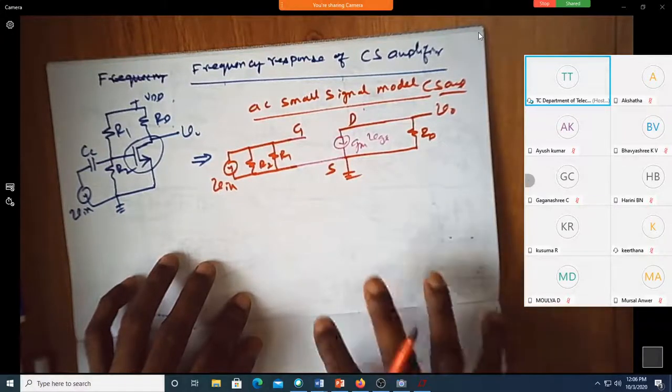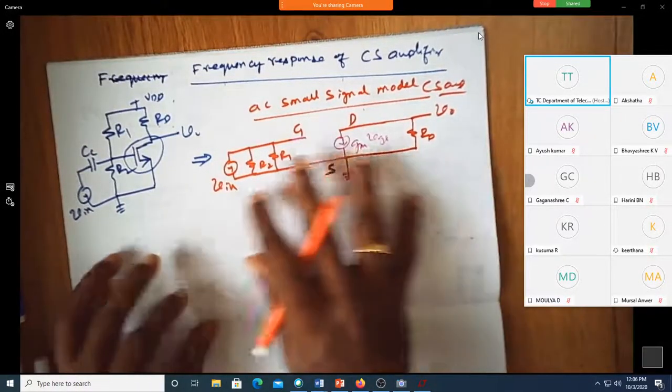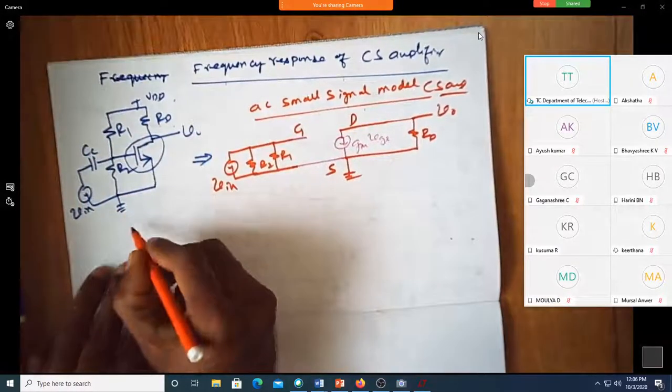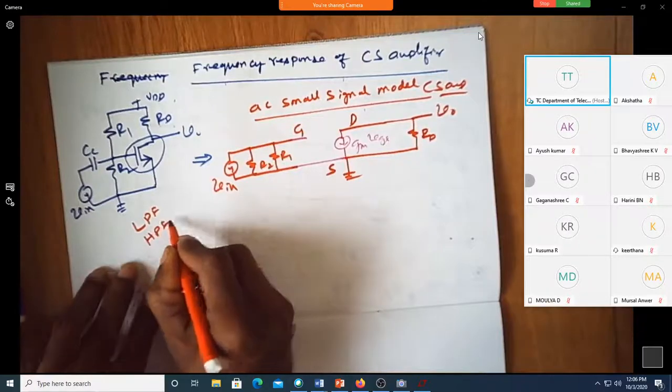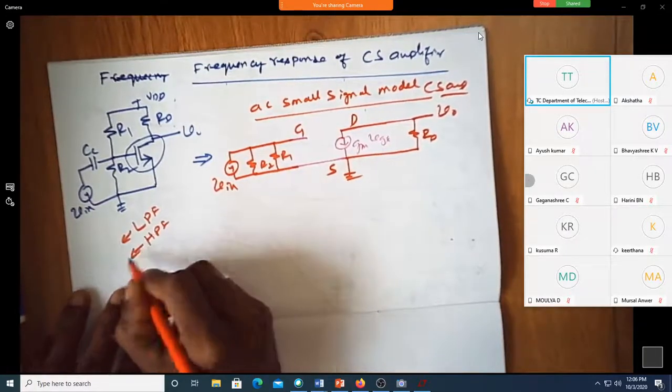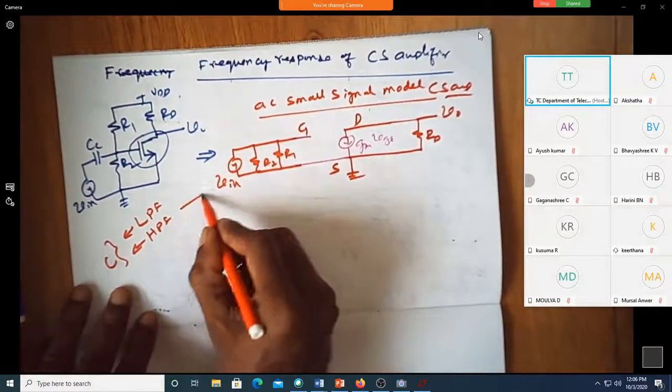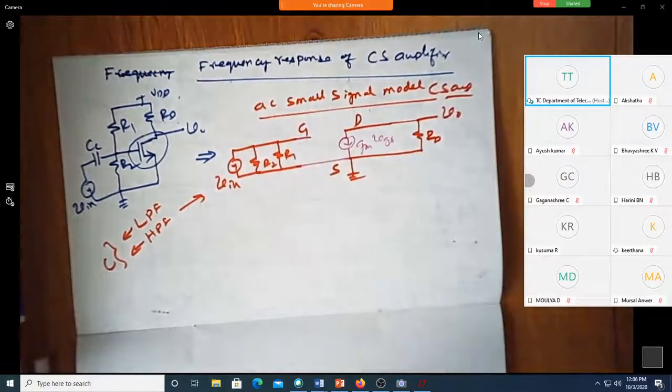When you don't have a capacitor, we cannot get the required LPF equivalent and HPF equivalent, because they require capacitors.